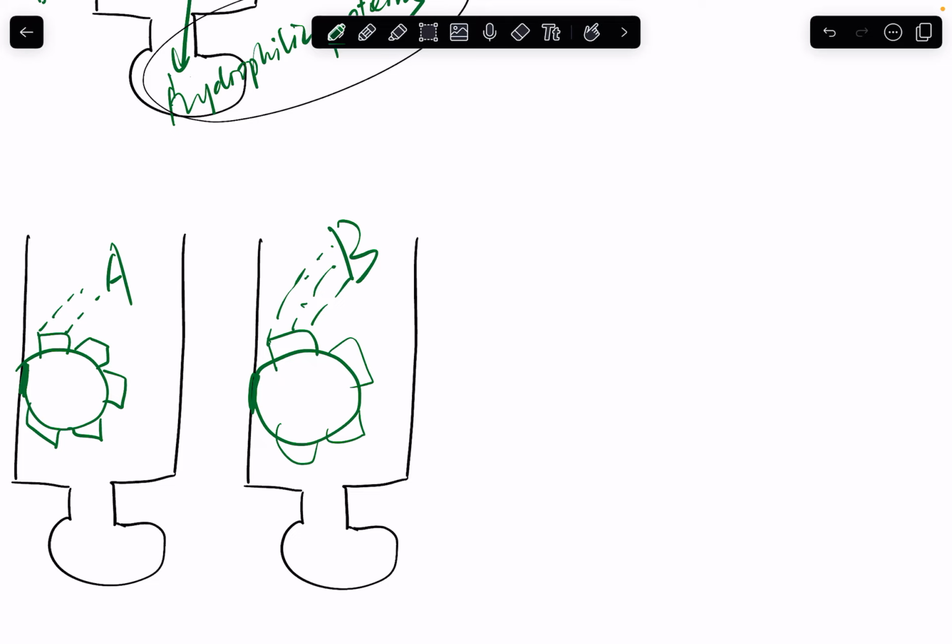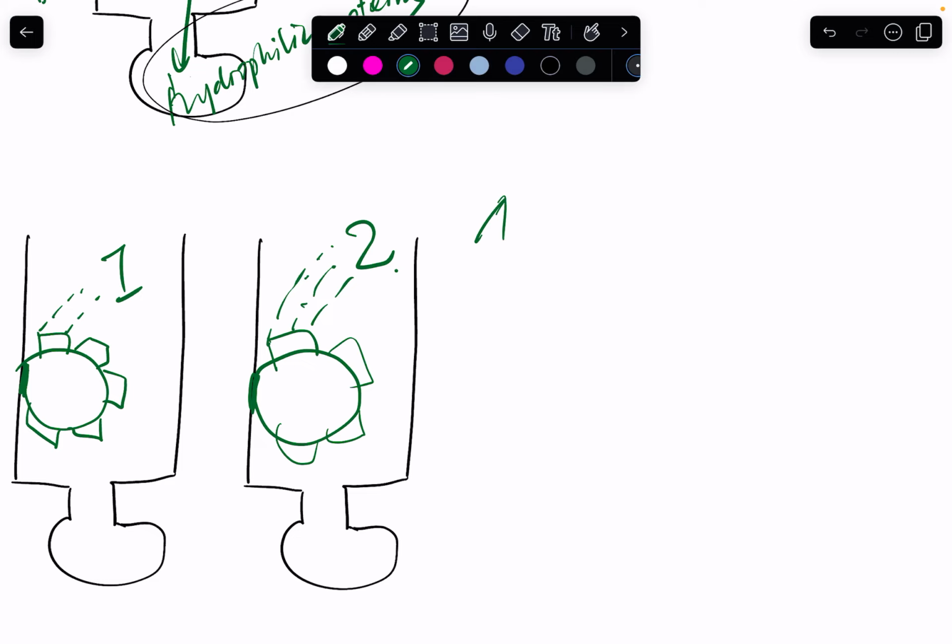So if the question asks you to choose, according to the graph, which one, A, B, let's do this: protein 1, I don't want to confuse it. Protein 1, and this is protein 2.